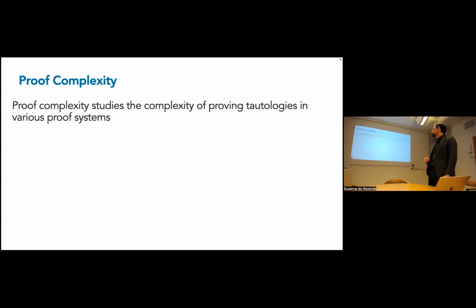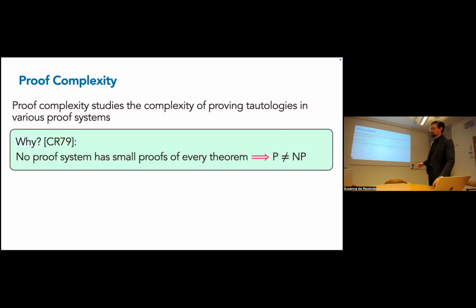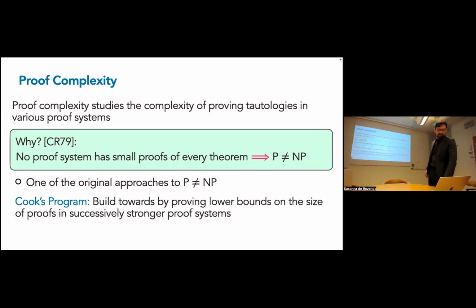Proof complexity studies the complexity of proving tautologies in various proof systems, and I think 80 to 90% of my audience works in proof complexity in some sort. So maybe the why question is obvious, but for those of you who don't know, the original motivation was that if there's no proof system which has small proofs of every theorem, then P is different from NP. So this was one of the original approaches to attacking this problem.